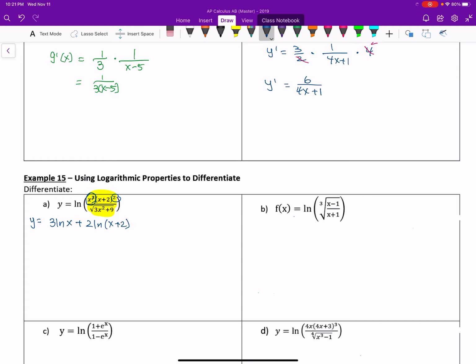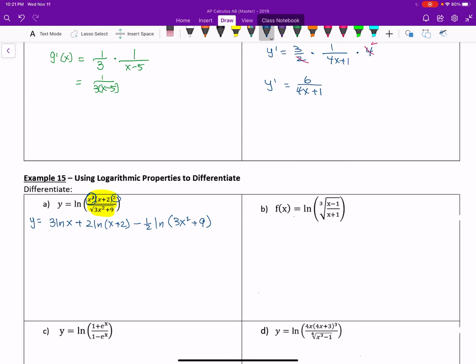And then if it's in the denominator, it's going to be a negative. The power here is 1/2 that I can pull out in front, the natural log of 3x squared plus 9. Now, if you don't remember how to do those, that's something you need to practice. It becomes crucial for this.